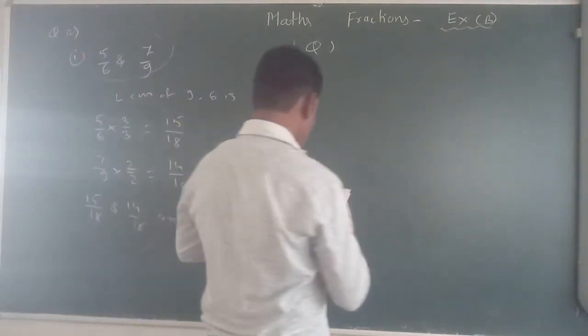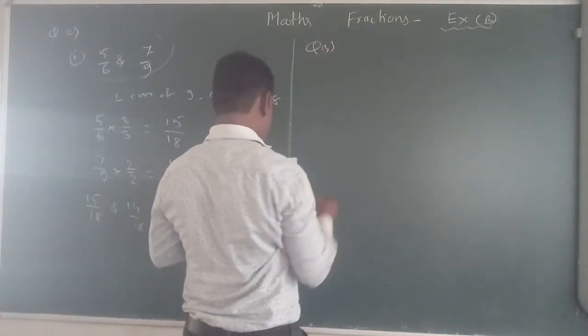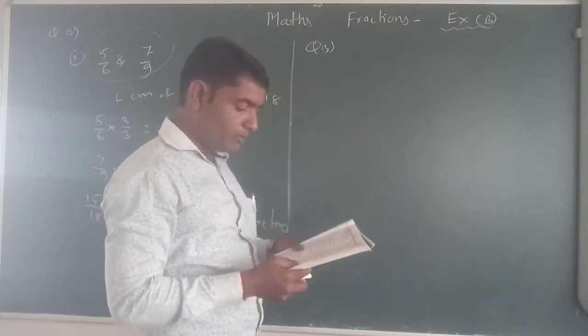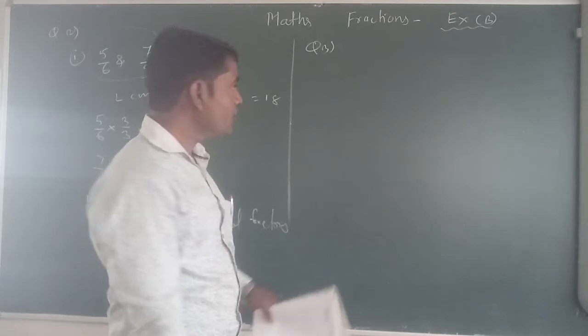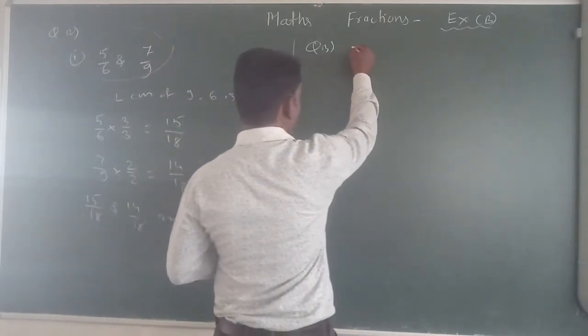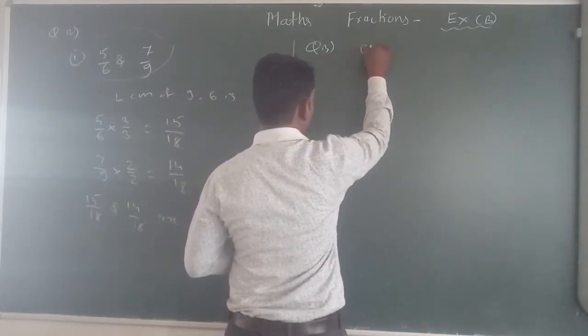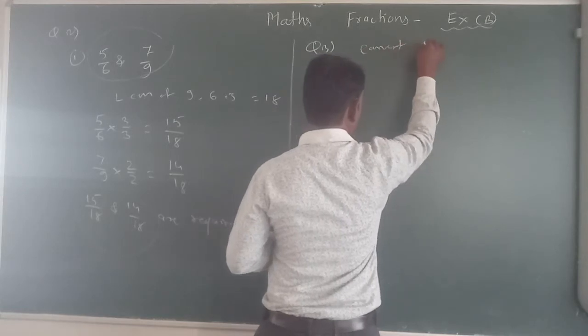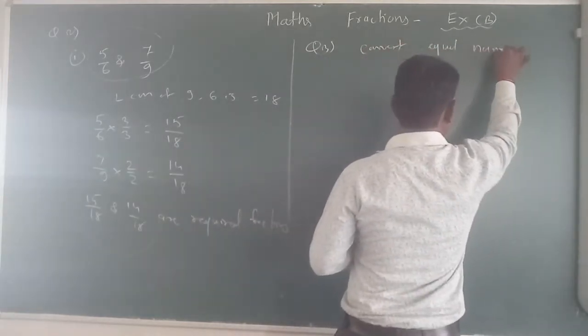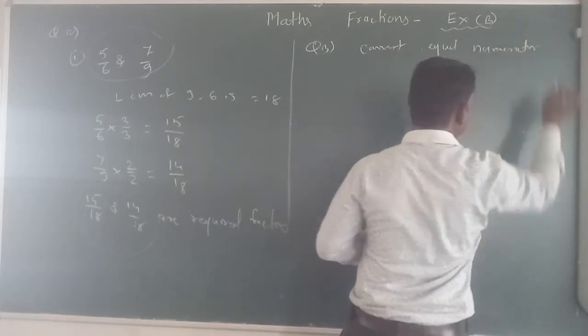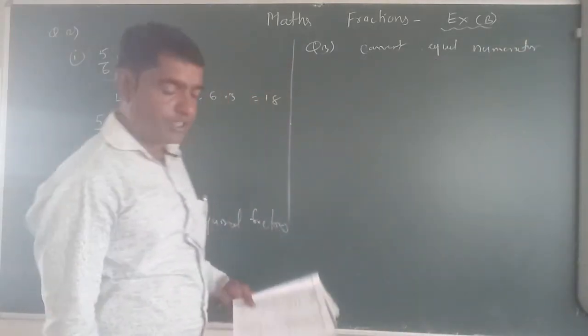What is the third one? Question third: convert given fractions into fractions with equal numerators. I have written the question in short.